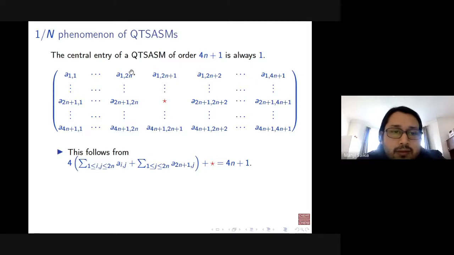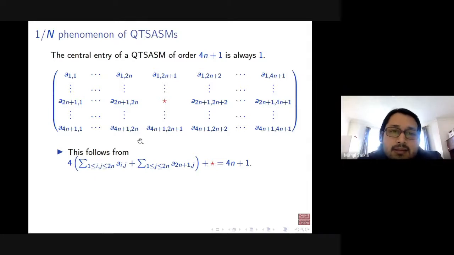The sum of all these entries would be the same as the sum of all the entries here and here and here, because of the quarter-turn symmetry condition. Again, the sum of the entries in this row up to here, not counting this star, so these 2n entries, would be the same as the sum of entries here, and here, because of the quarter-turn symmetry.